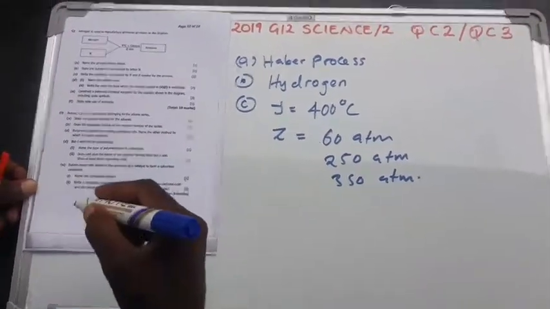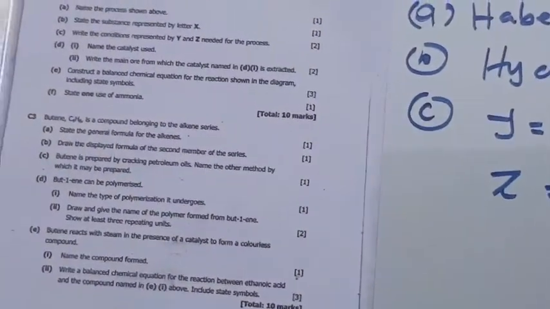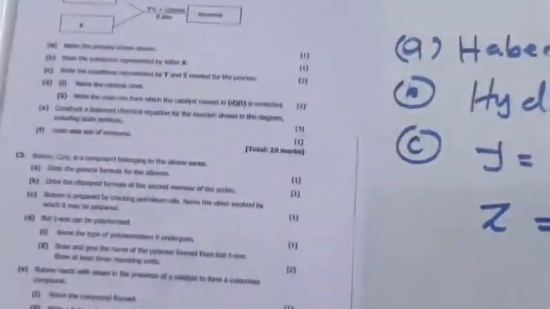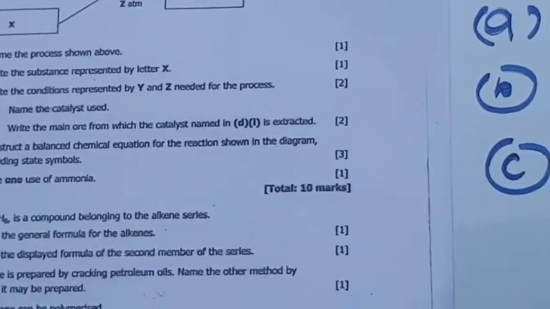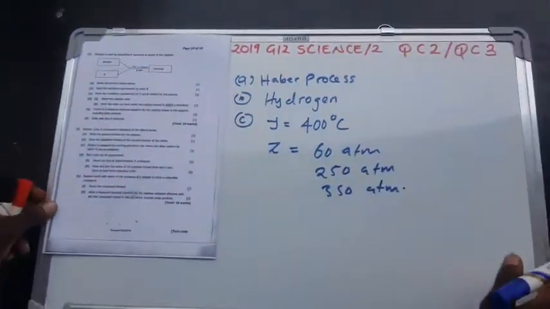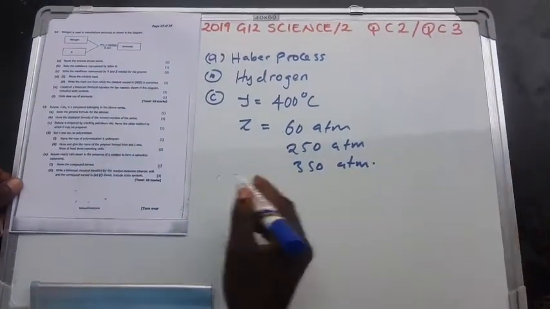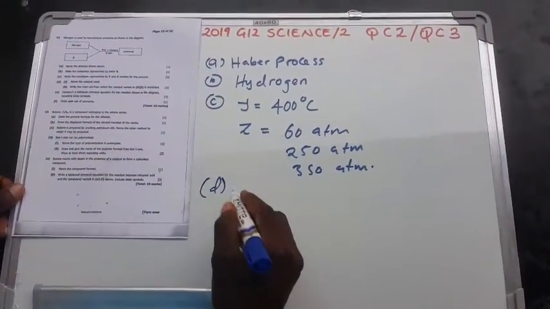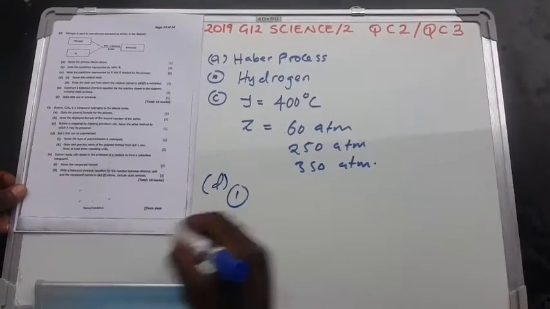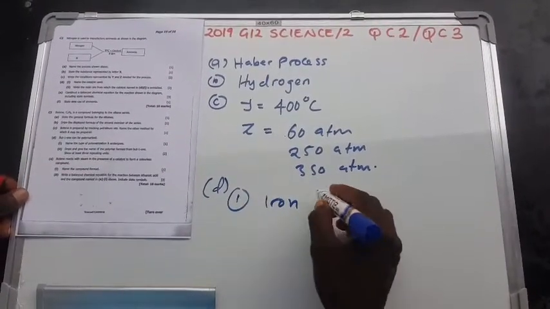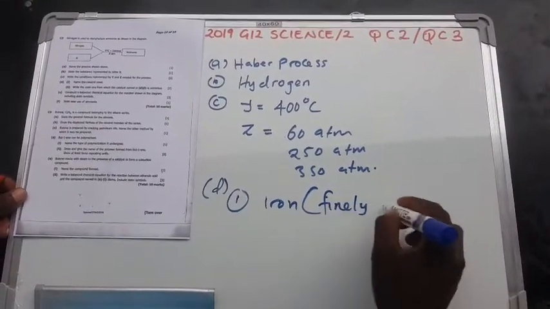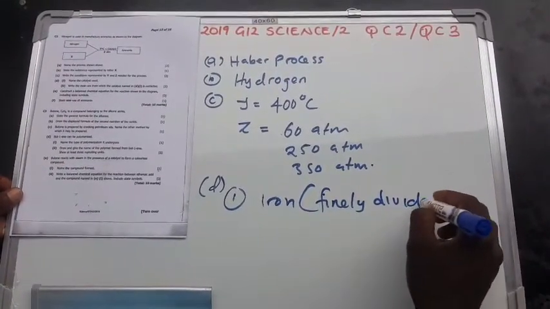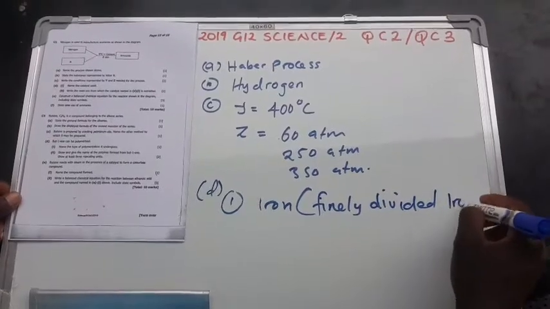So let's go to D. It says name the catalyst used, and write the main ore. The catalyst used in the reaction is iron, though they like saying finely divided iron catalyst.